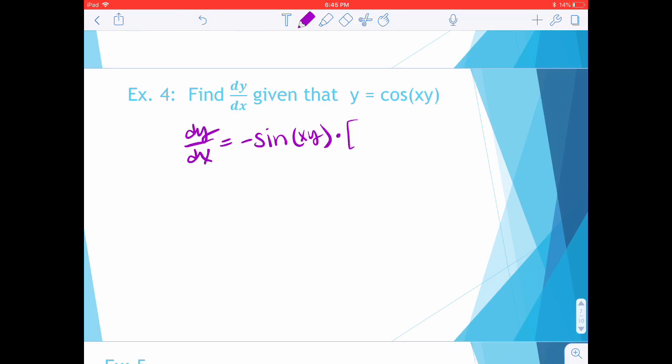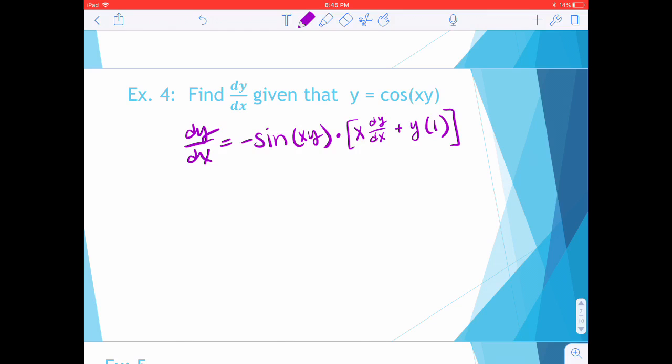which is x times the derivative, dy/dx, plus y times the derivative of x, which is 1. Product rule, chain rule.